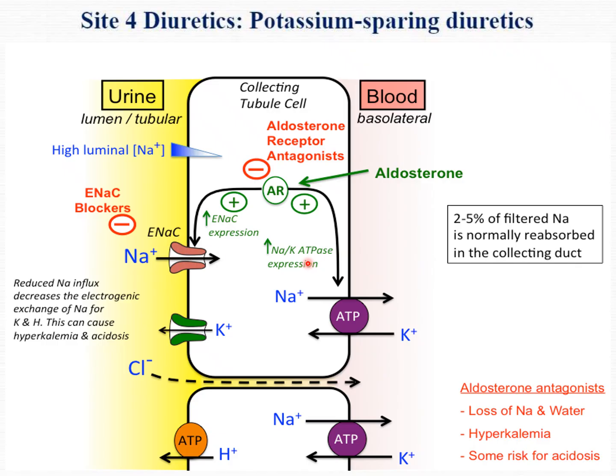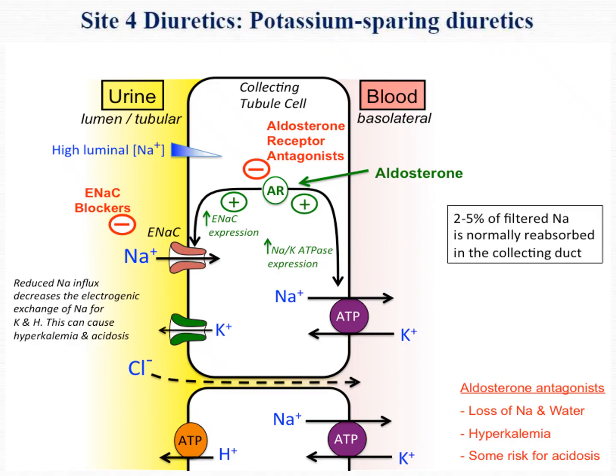All right, so there are two classes of compounds that can work on these. The first one is aldosterone receptor antagonists that will basically inhibit the production or the biosynthesis of more of these sodium potassium ATPase pumps. And the second class of compounds block these sodium channels and prevent the sodium reabsorption.